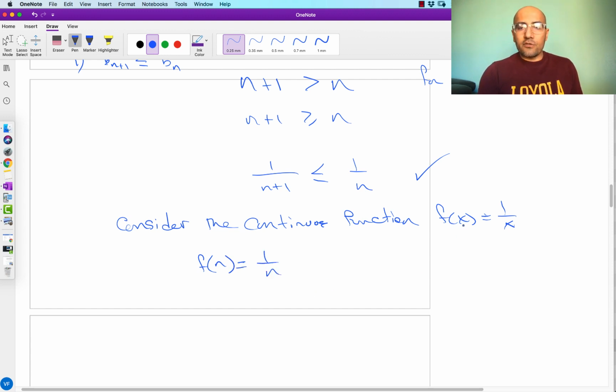So if we take this continuous function and we plug in the counting numbers, then we get back to that one. Good. And so now we can show that the derivative d dx of 1 over x is equal to d dx of x to the negative 1 power, which is equal to negative 1 over x squared, right? So it's always negative.